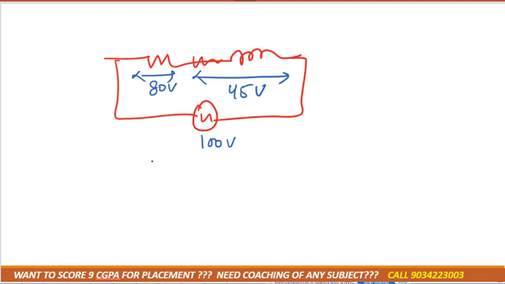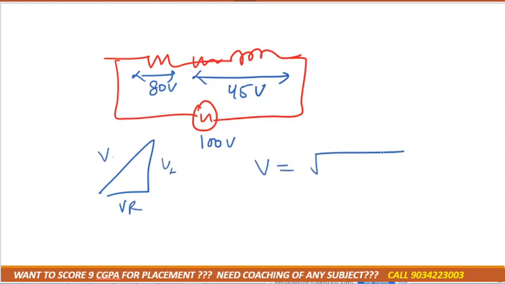According to the voltage triangle, total voltage is equal to root of VR square plus VL square. V is 100 volt, VR is given, so from this we can get VL.